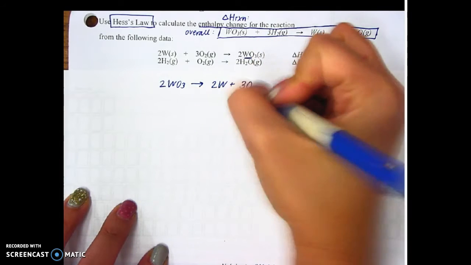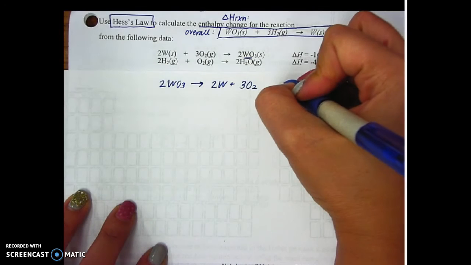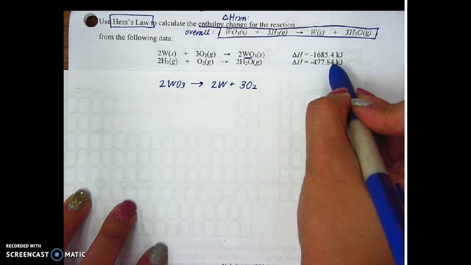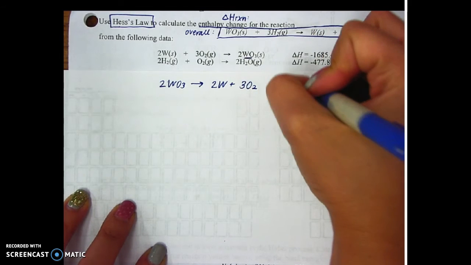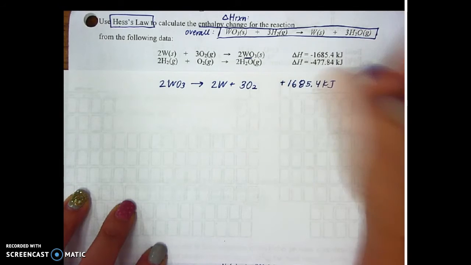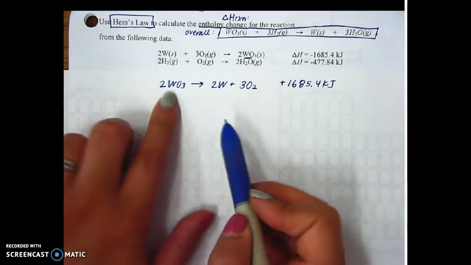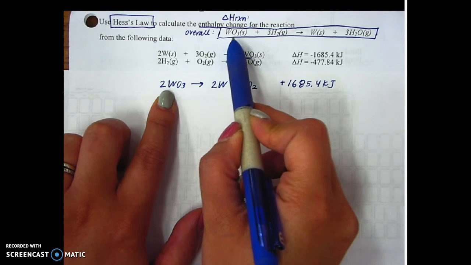And then I have my 2 tungstens plus my 2 oxygens. And the delta H, we started off with a negative 1,685, but it's going to become positive 1,685.4 kilojoules here.